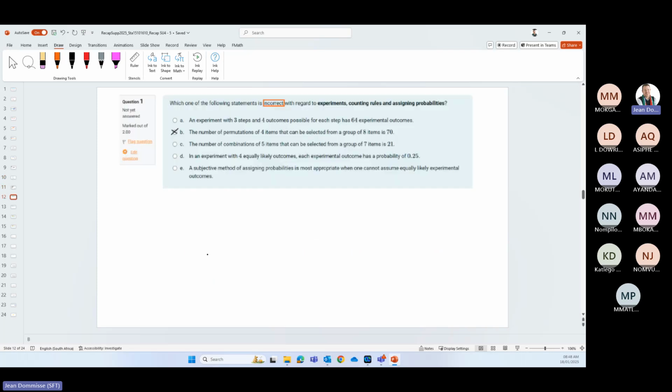Okay, so let's get into a few questions. This is looking at study unit 4 of probability, and then study unit 5, so it's a mixed bag of that.